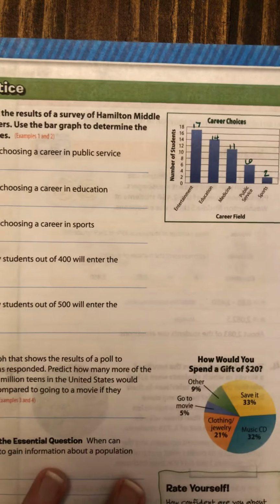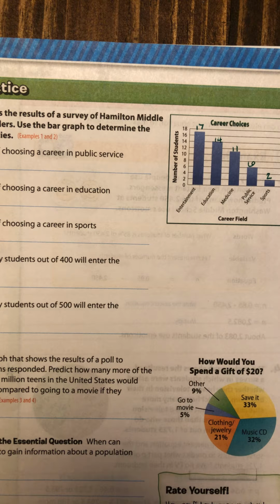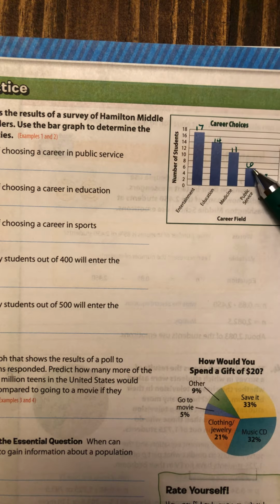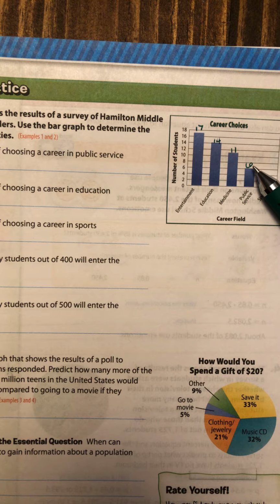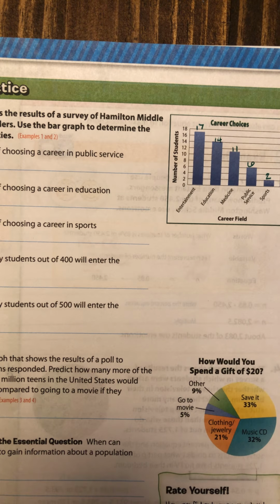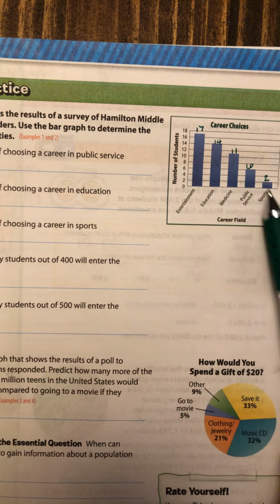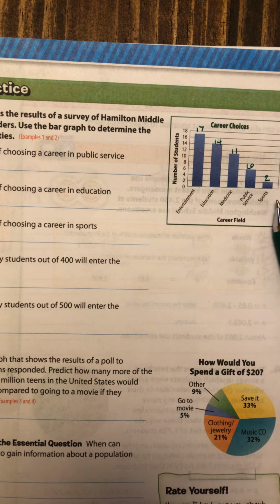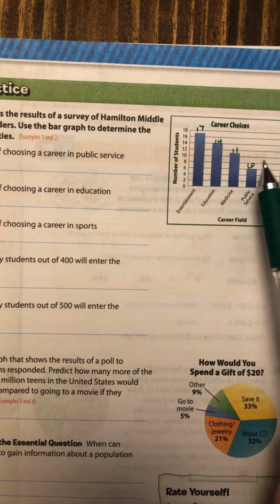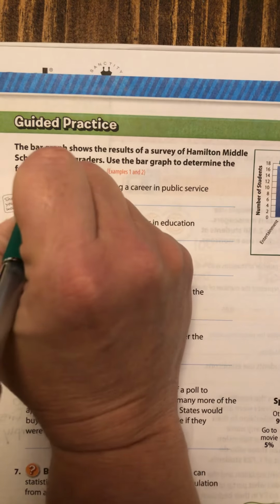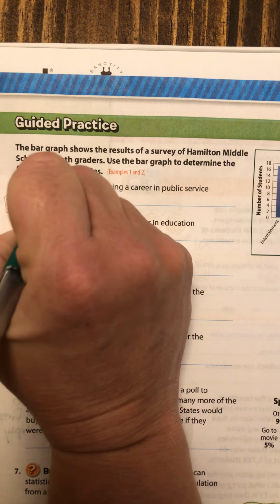So we have to come over here and find public service, which is 6. Well, what did we have to do first? We have to know how many total people. So when you add all of those up, you actually get 50. So public service is going to be 6 out of 50.